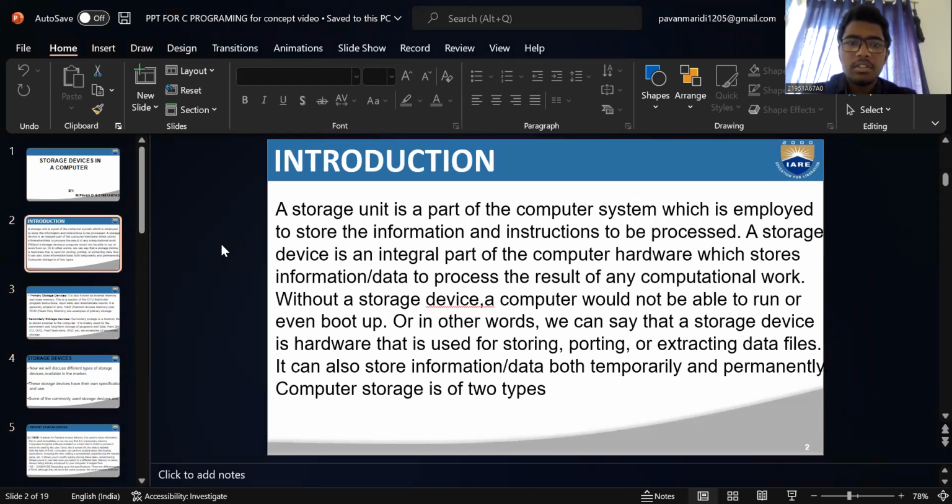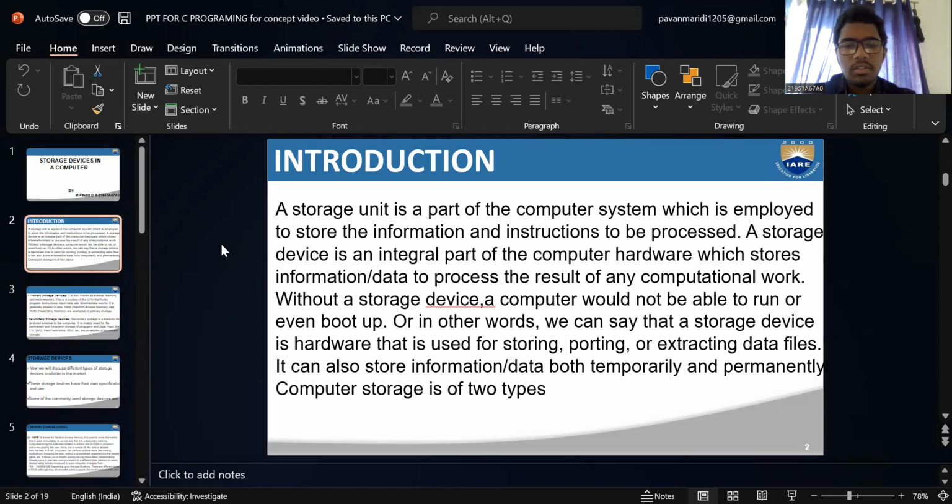Introduction. A storage unit is a part of a computer system which is employed to store the information and instructions to be processed. A storage device is an internal part of computer hardware which stores information and data to process the result of any computational work.